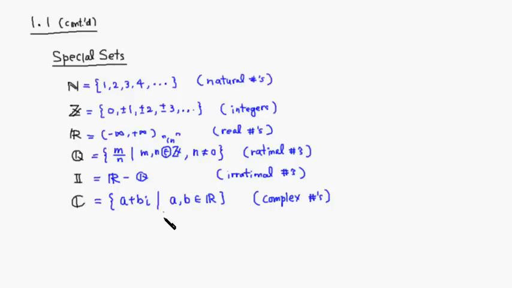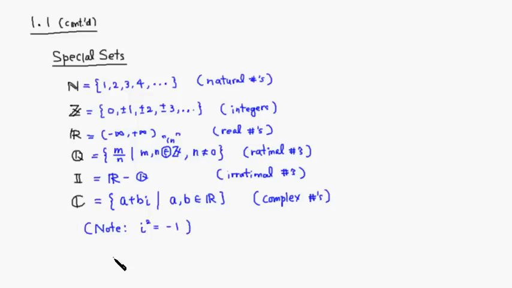And i is a kind of number, so here's a note: i is an imaginary number, so that if you square this number, you get negative 1.